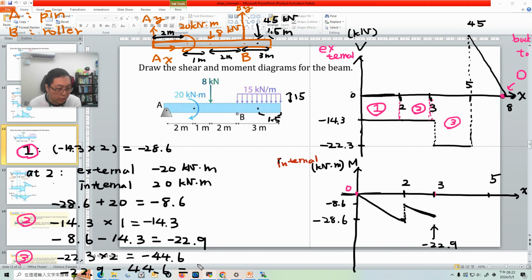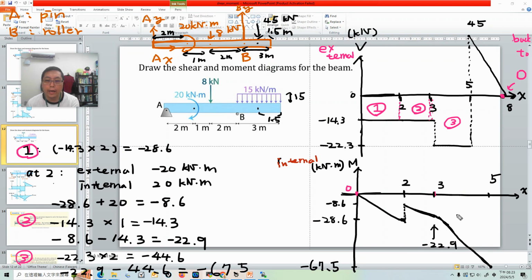It will be minus 67.5. So here is minus 67.5, and it's rectangular, so it's a steady decrease.